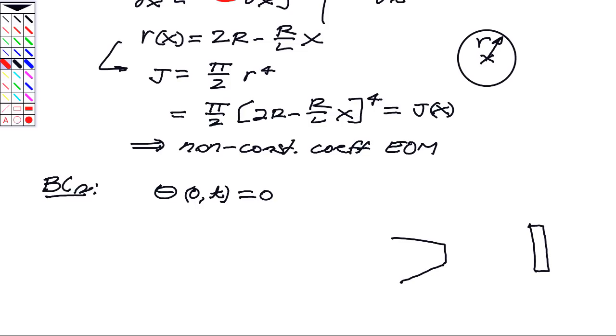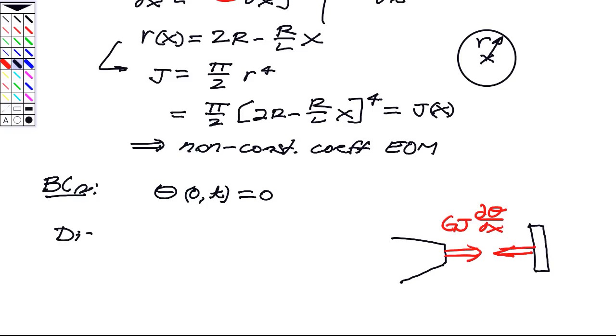And we know that the torque on the end of the shaft is given by GJ partial theta with respect to x. An equal and opposite torque then exists on the disk. So for this boundary condition, we need to do a moment balance for the disk.